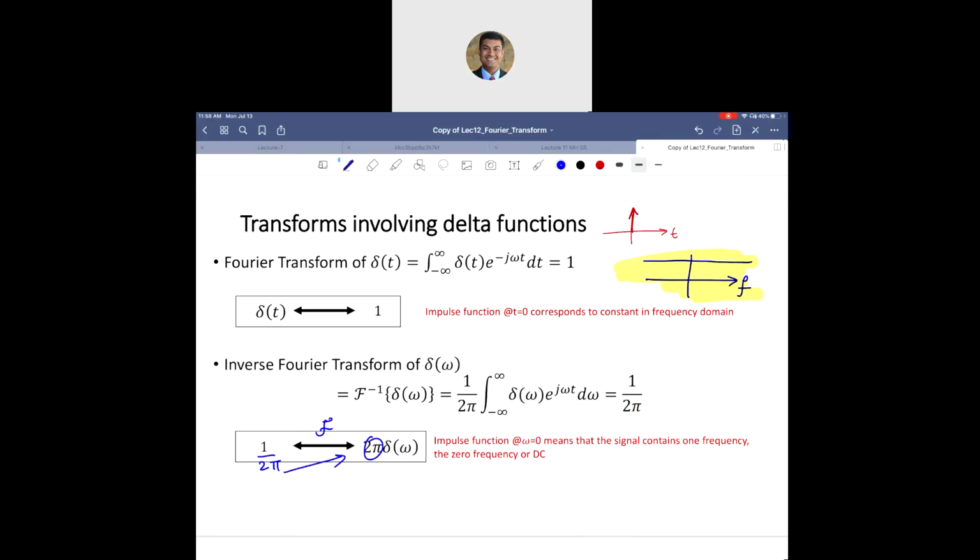If you bring that 2 pi up over there, you get the Fourier transform pair of 1, and the Fourier transform of 1 is 2 pi delta of omega, which means in the time domain, if you have 1, then in the frequency domain, you will have an impulse weighted by 2 pi.